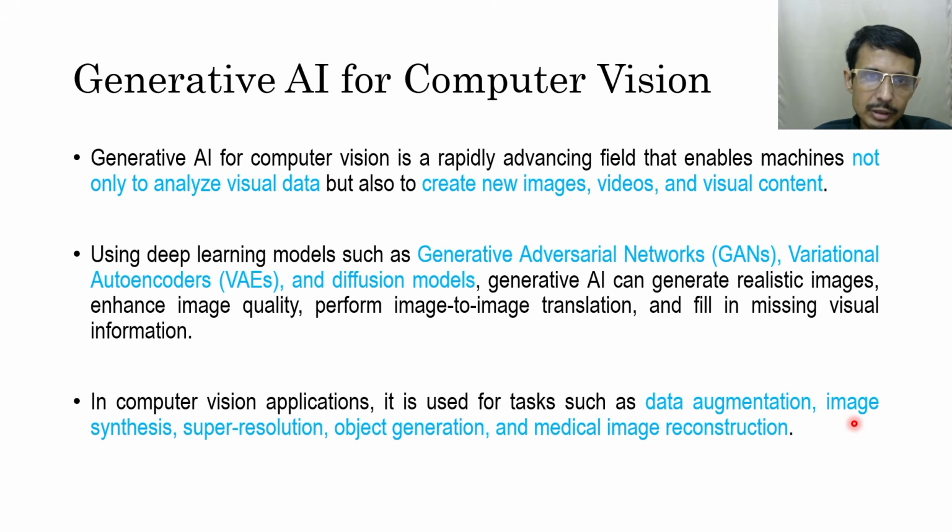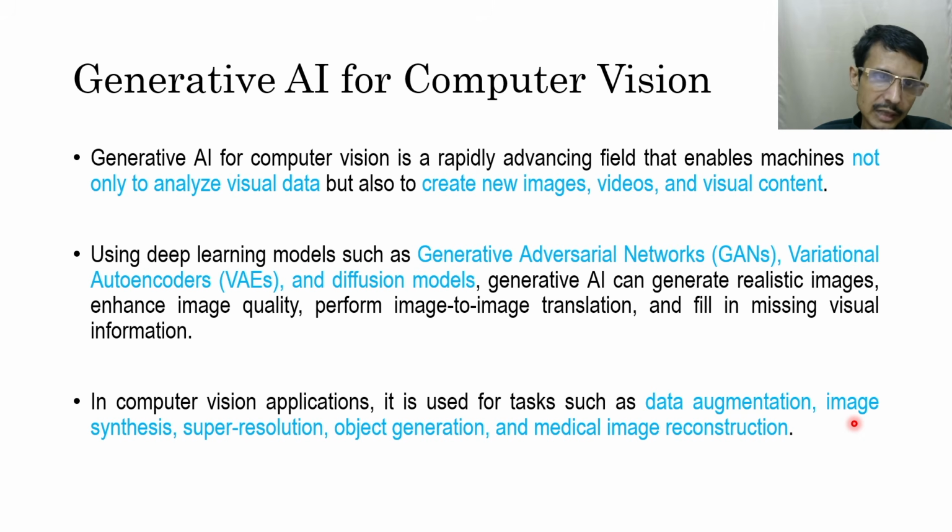So generative AI for computer vision is a rapidly advancing field. A lot of research is going on and different tools, different mechanisms are being invented for this particular topic. So it is now happening in this area of artificial intelligence. Now, what exactly are we doing here?